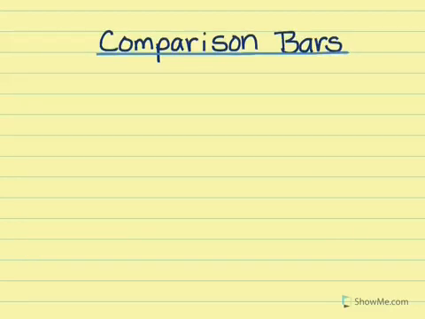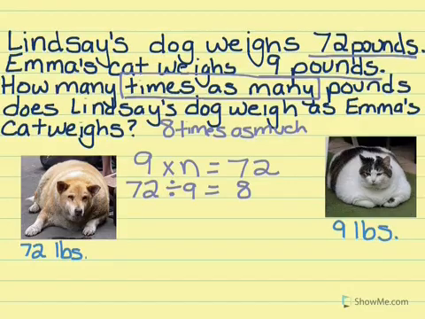I can also use division to solve this, and to do that, I can use comparison bars. In a comparison situation, the greater quantity represents repeated groups of the lesser quantity.